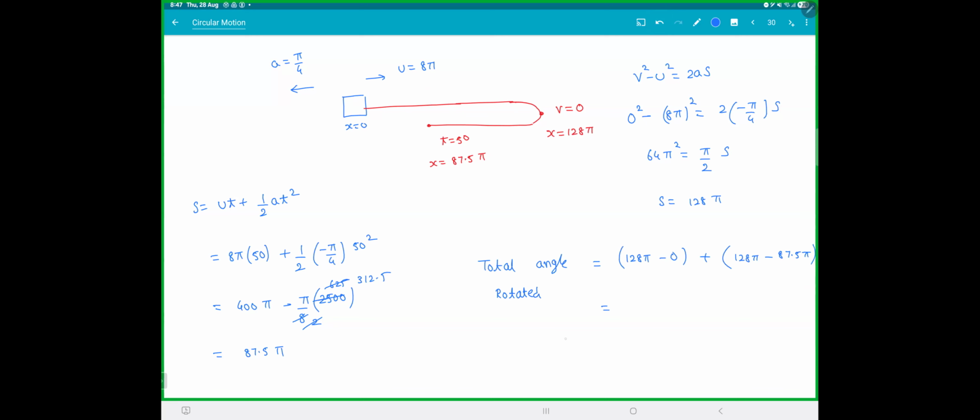That will be 128 plus 128, 256, minus 87.5, which is 168.5. Is this clear, everyone?